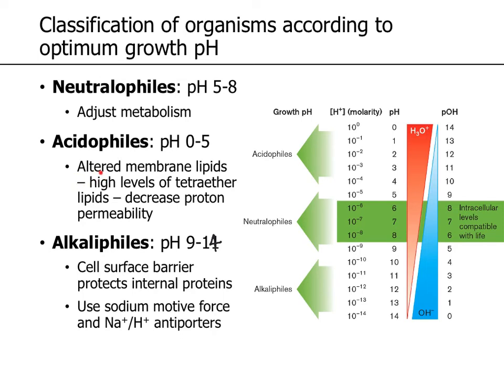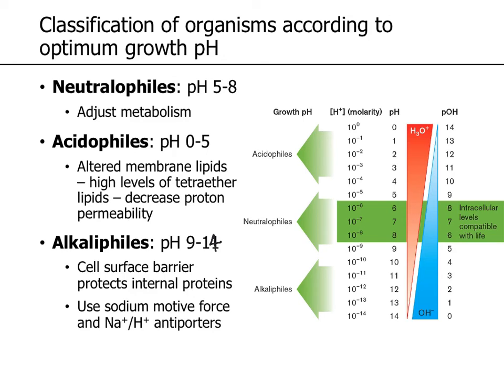Acidophiles have altered membrane lipids with high levels of tetraether lipids, which decreases proton permeability. And the alkaliphiles have cell surface barriers that protect their internal proteins.